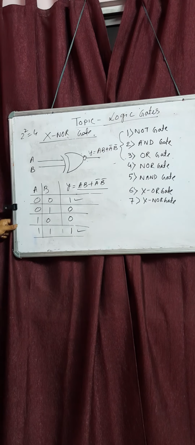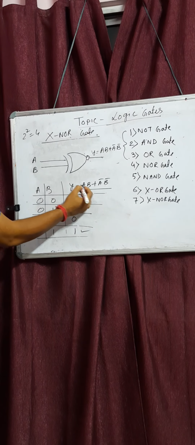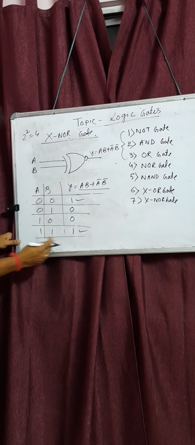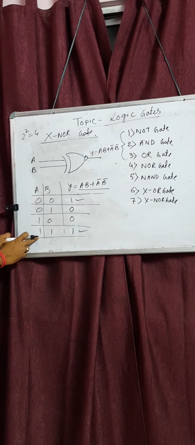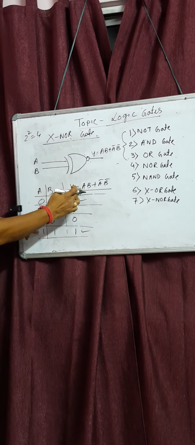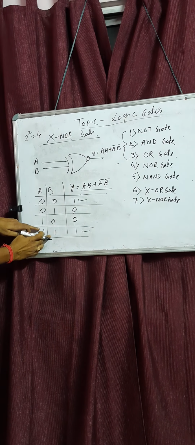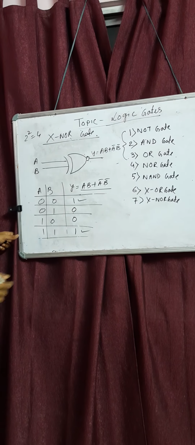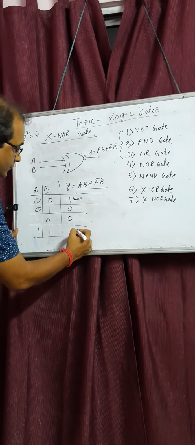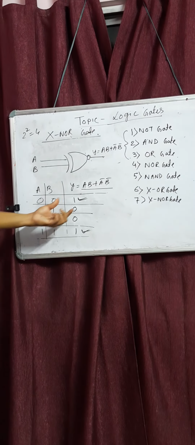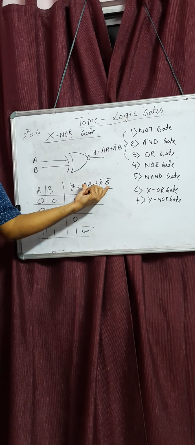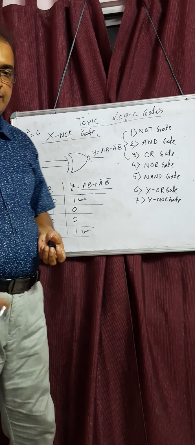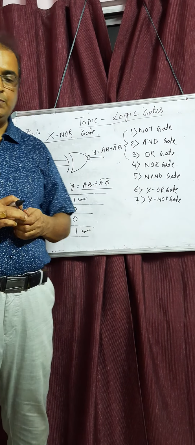And see this last one, when both the inputs are 1 1, that means A is equal to 1, so it is A, and B is equal to 1, that is B. So we write AB over here. So from these two outputs, where the output is 1, we are getting this expression. Okay, up to this, thank you everyone.